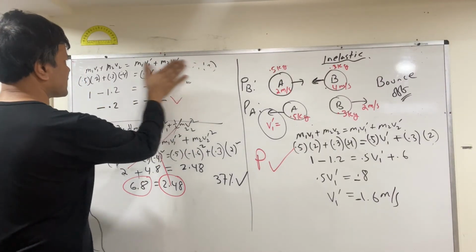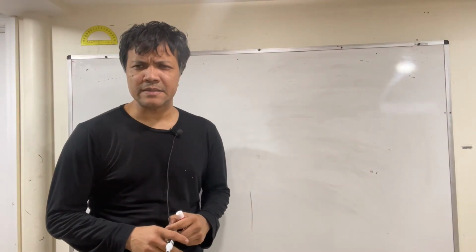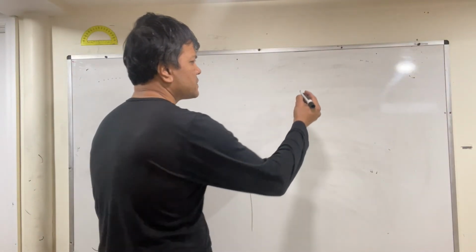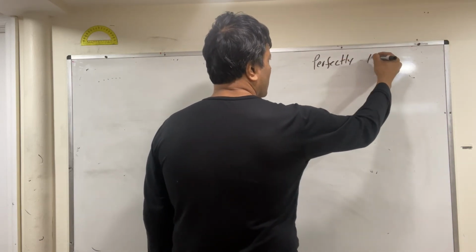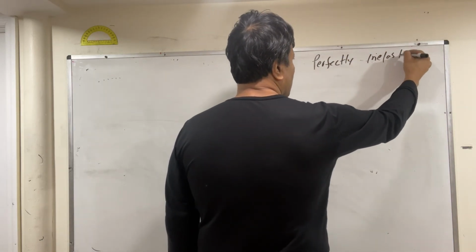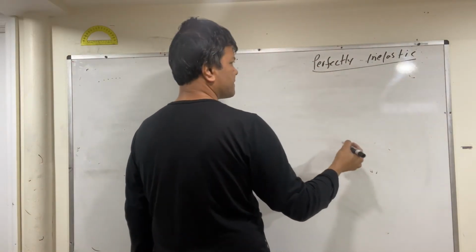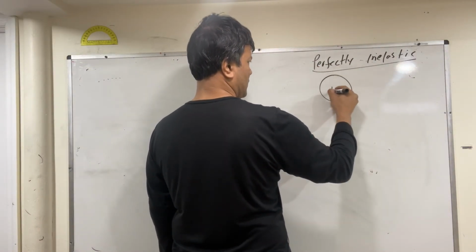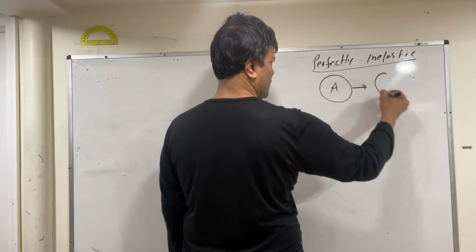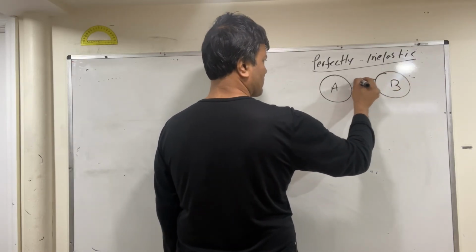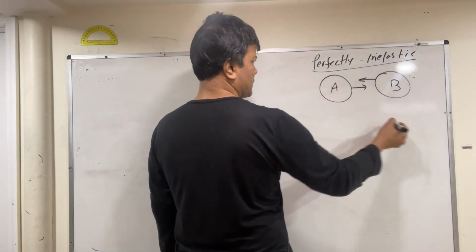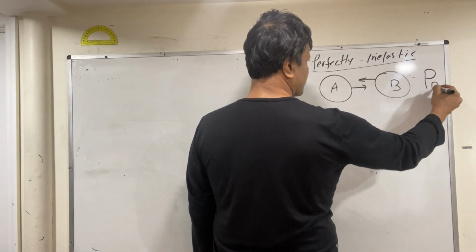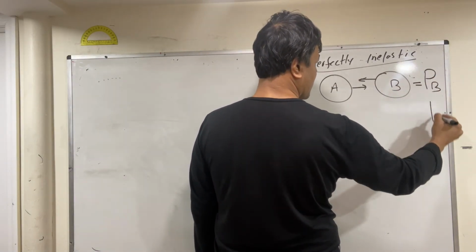Okay, so let's do the last one, the perfectly inelastic collision. So ball A moves toward ball B, right? This is the momentum before, this is the momentum after.